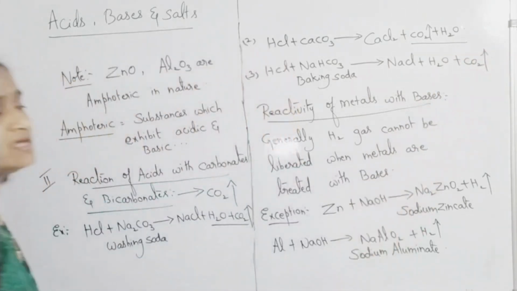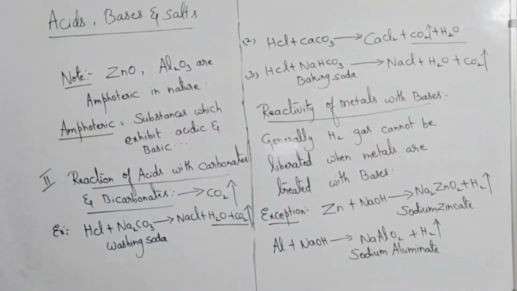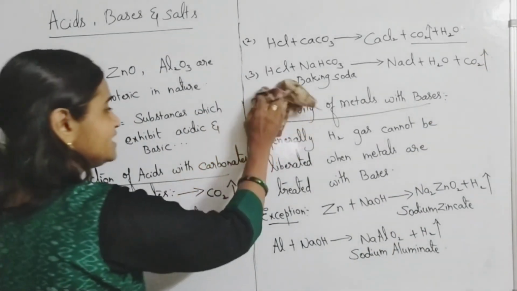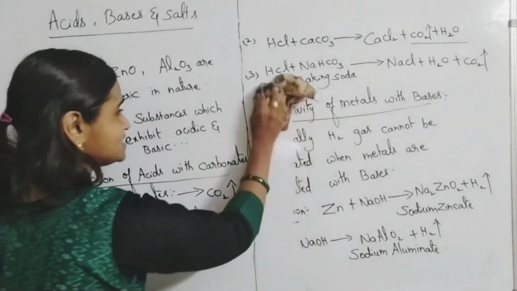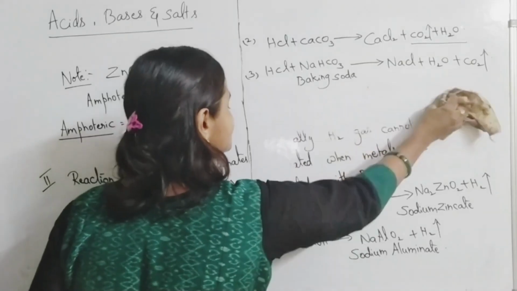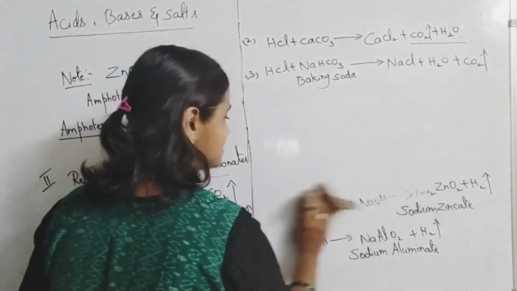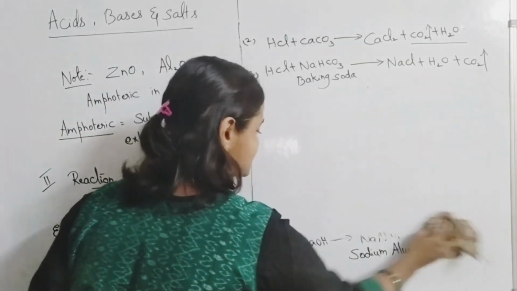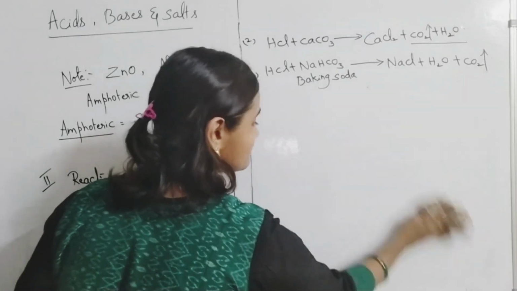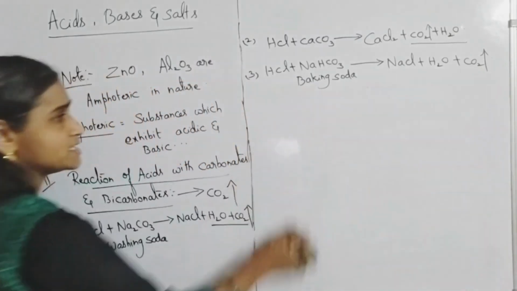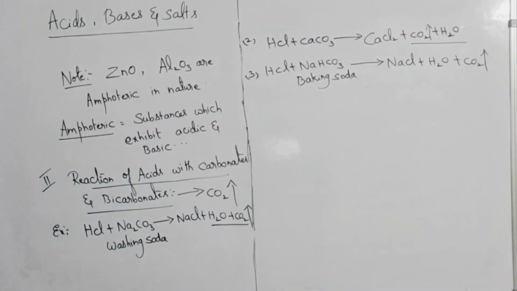Carbon dioxide will be liberated. So generally, when acids react with carbonate salts, they give carbon dioxide gas. Acids react with metals to give hydrogen gas. Please remember these points.